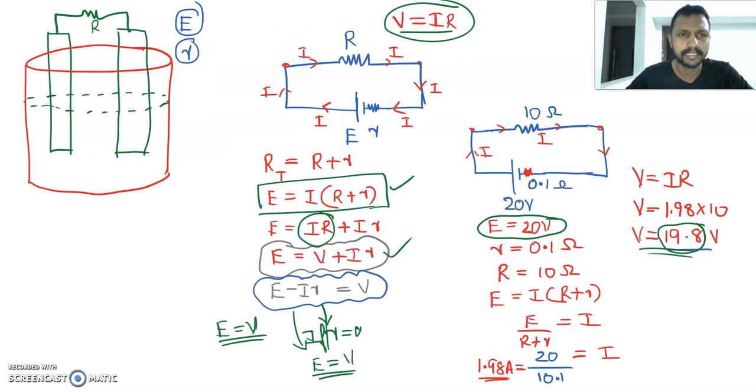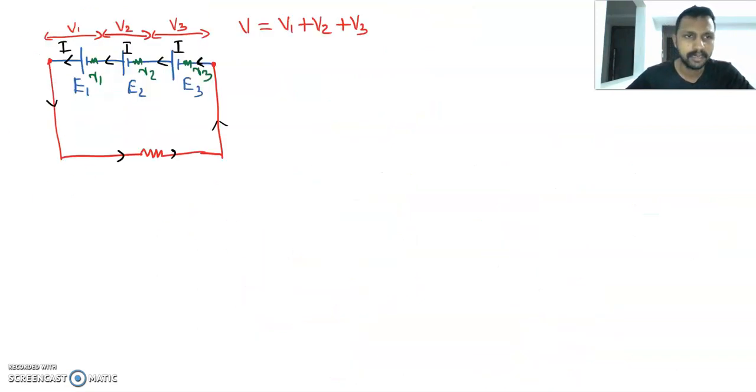Let's recall the expression for potential. We know V is equal to E minus Ir, where small r is the internal resistance. Let me rewrite it over here. Instead of V, I am writing E minus Ir is equal to, then what is V1?